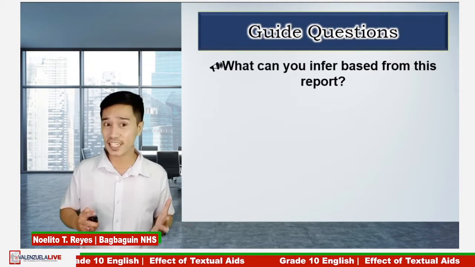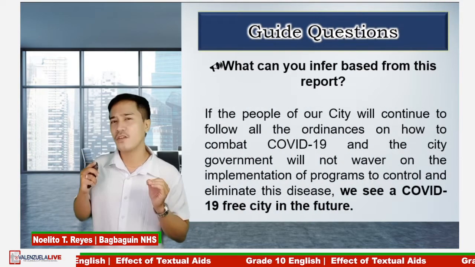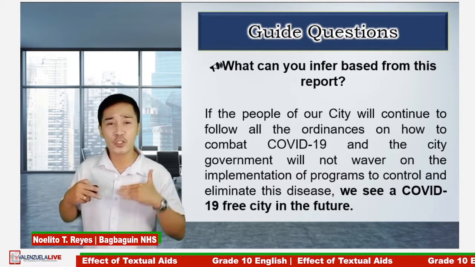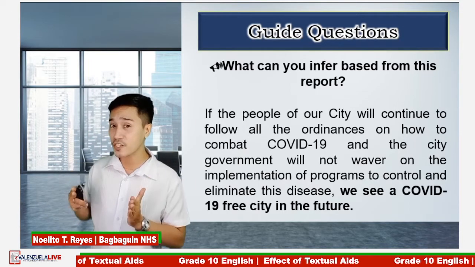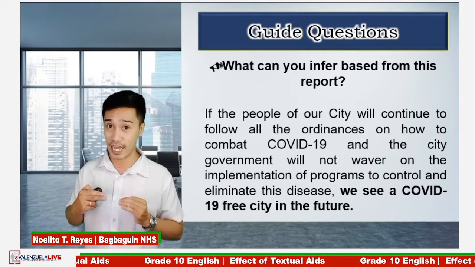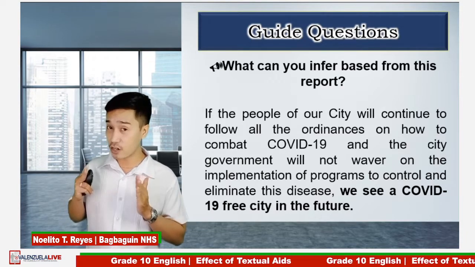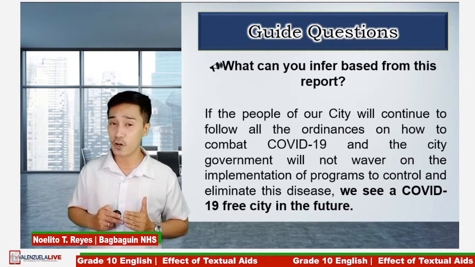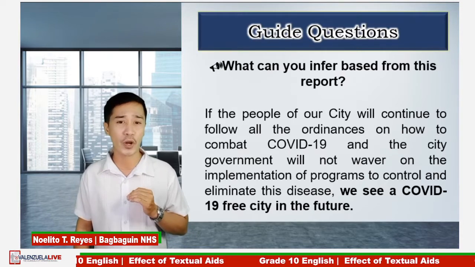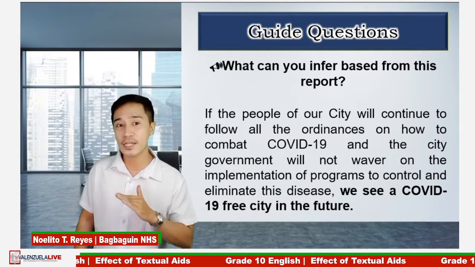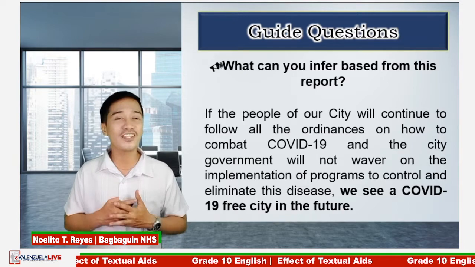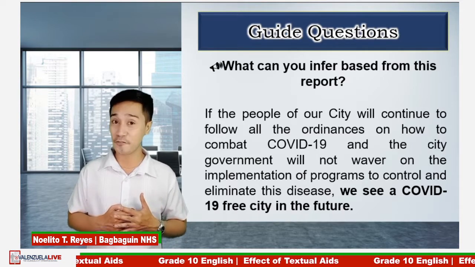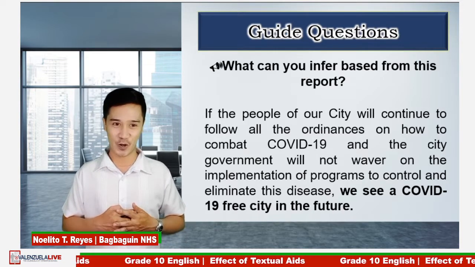Yes, definitely. If the people of our city will continue to follow all the ordinances on how to combat COVID-19 and the city government will not waver on the implementation of programs to control and eliminate this disease, we see a COVID-19 free city in the future.